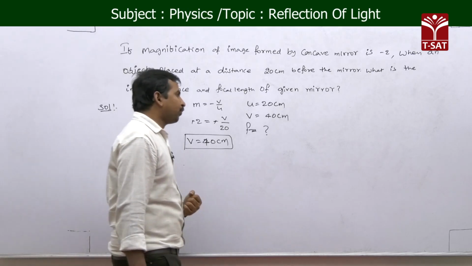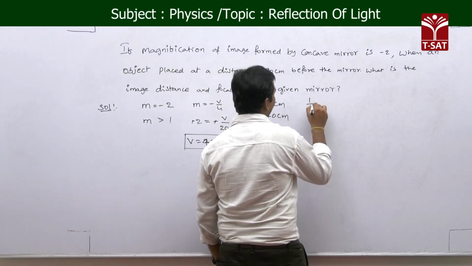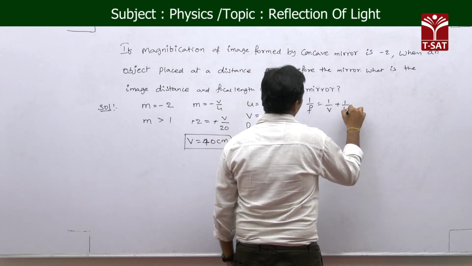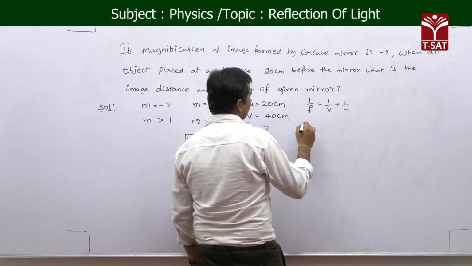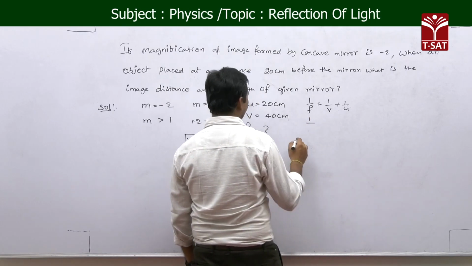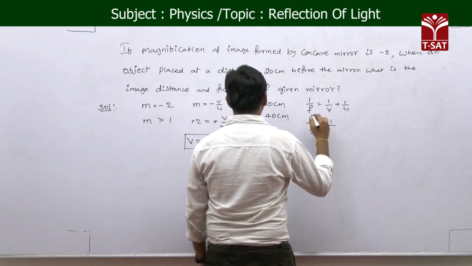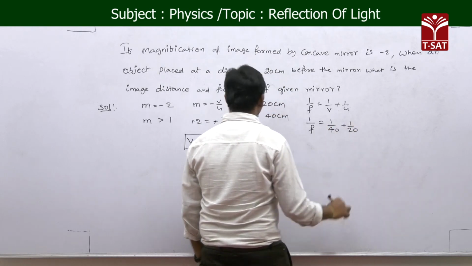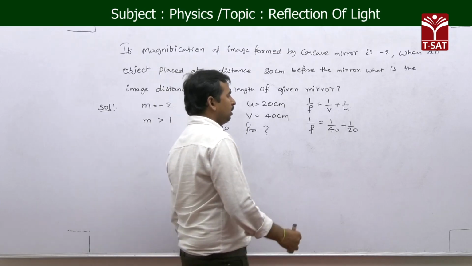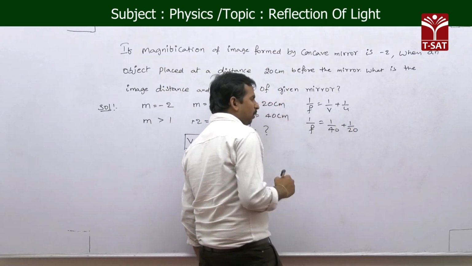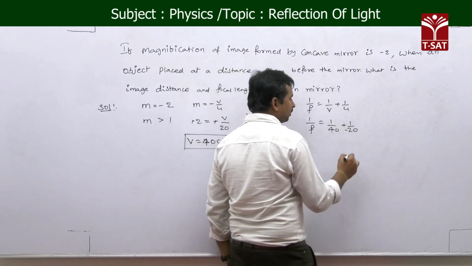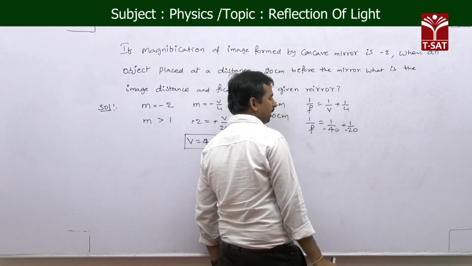Then to find the focal length here, again we have to use the mirror formula: 1 by f is equal to 1 by v plus 1 by u, where 1 by focal length we don't know, the image distance is 40, and the object distance is 20. If you apply the sign convention, as this is a concave mirror, the object distance is minus, and the image distance is also minus.